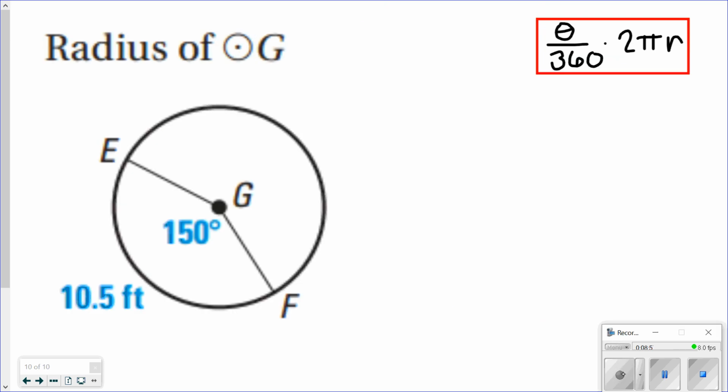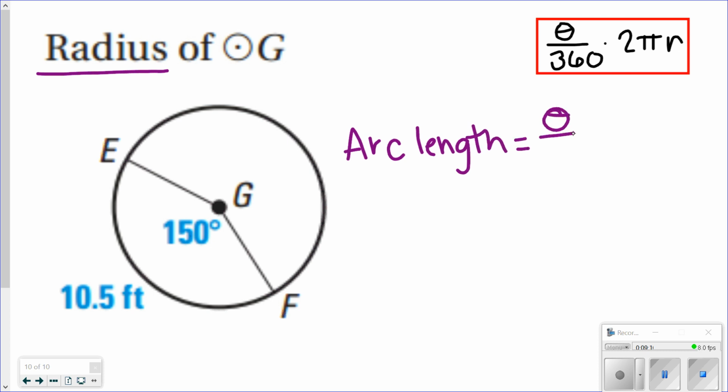And for our last problem, what if I know the arc length, I know my angle measure, theta, and I want to figure out what is the radius? Let's practice that. So, arc length is equal to theta over 360 times 2 pi r.